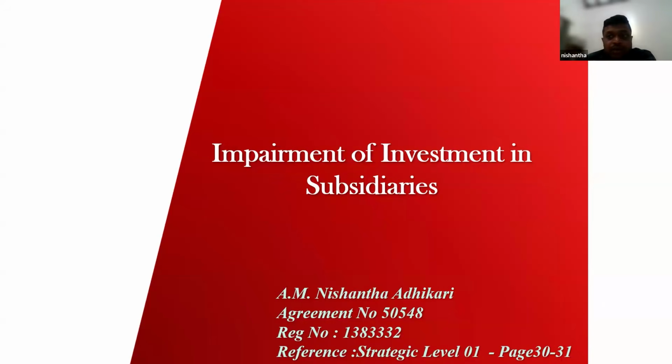Or sometimes, if you have submitted any record book, you have to mention where it has been mentioned. Therefore, you have to mention what the issue is here. That means impairment of investment in subsidiary. That is the topic you are going to discuss, and you are referring to a strategic level agreement, or wherever it appeared, or wherever you have found it. You have to mention where you found it.